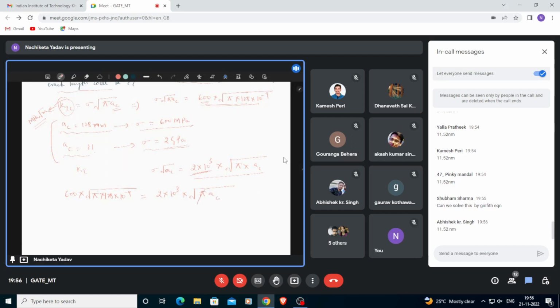This pi will cancel out, and AC value will be 600 by 2 into 10 to the power of 3 square into 128 into 10 to the power of minus 9. This will be in meter, so you will get nearly 11 point, not 11 point, you will get nearly.